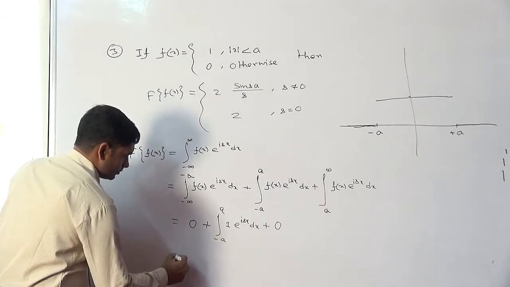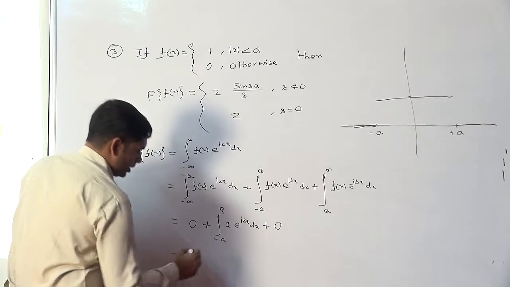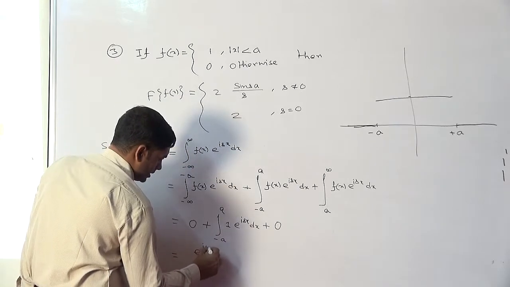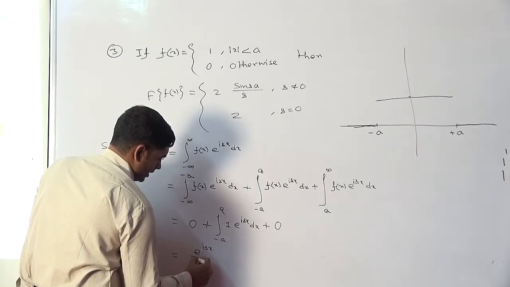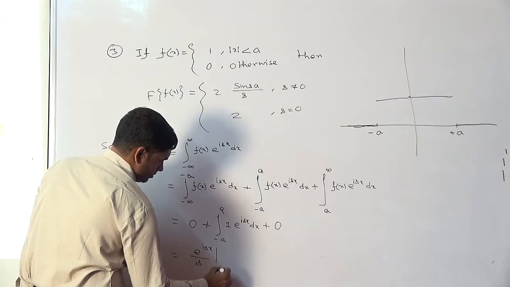Now it will be e to the power isx by is, with limits minus a to a.